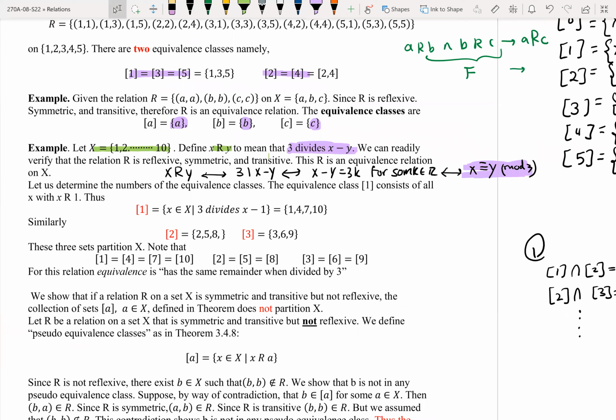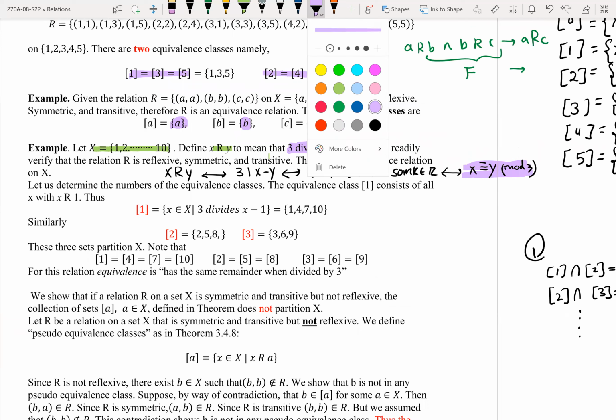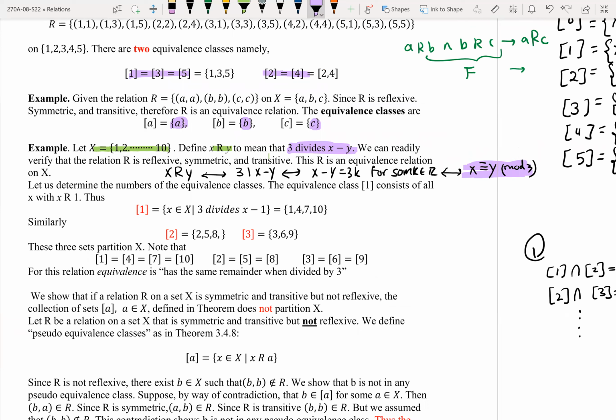One more time, let's just look at the numbers. According to what's over here, 3 divides x minus y. So for the class of 1, you have to look for numbers where 3 divides x minus 1.